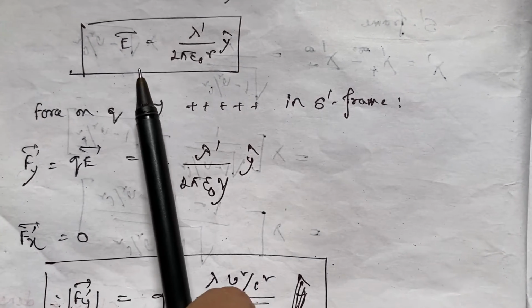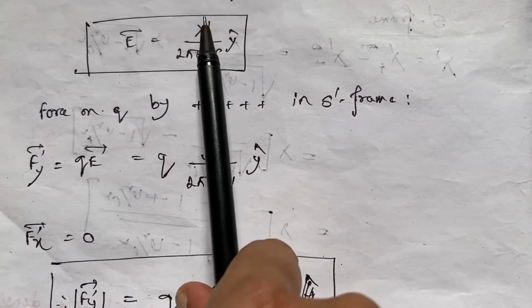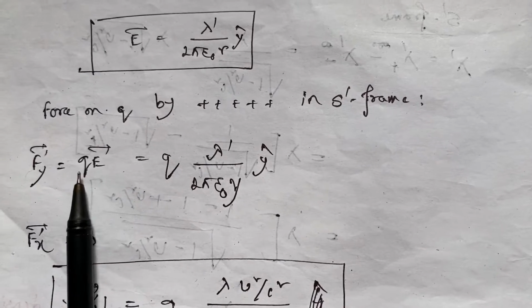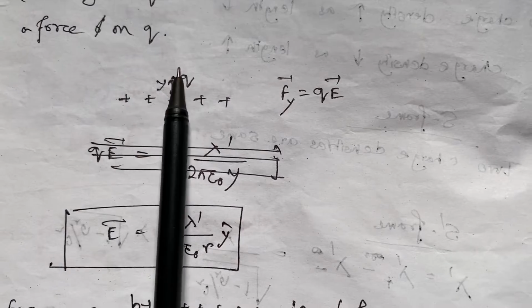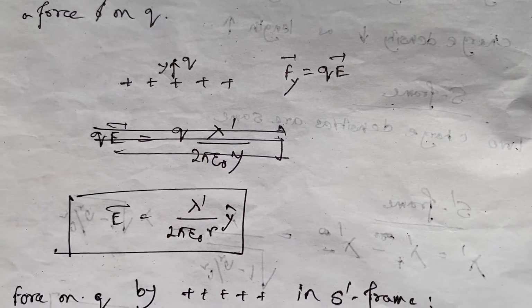Now, if this is the electric field produced by this net positive charge, then this net positive charge will exert a force qE on this charge q in the y direction. In the x direction, no force is there.